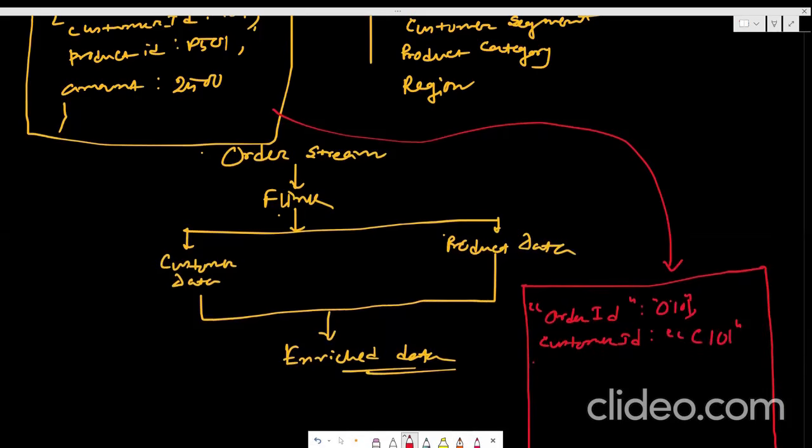Next, we have the customer segment, which we already got from the customer data. It is suppose premium.